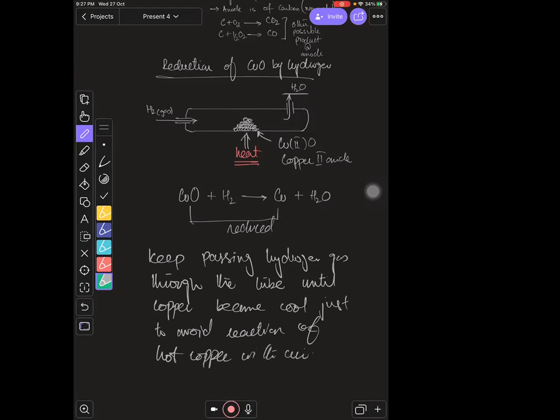But now you can take the picture. It is a key point for MCQ. It's going to be oxidized.